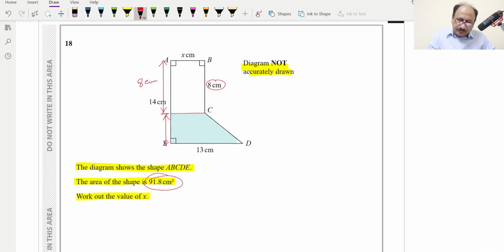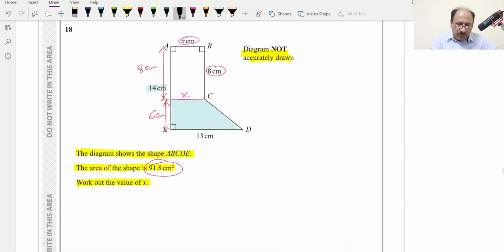This will be 14 minus 8. 14 is basically this one. 14 minus 8 will be equal to 6, so this will be 6 centimeters. So we got this side, and this side is x, because it is the same as this one, because it is a rectangle. So we can find the area of this compound shape.